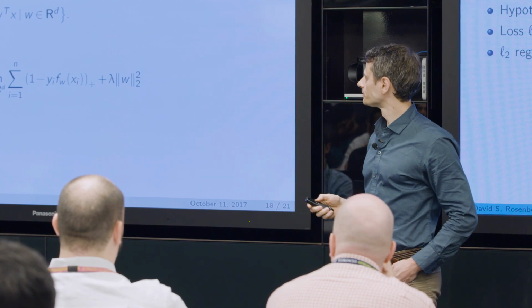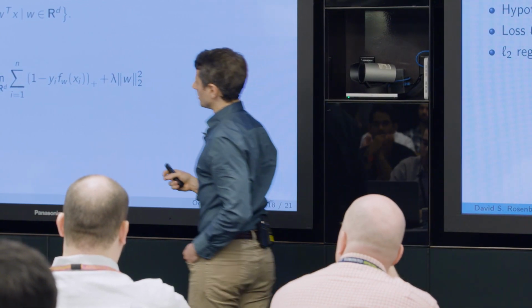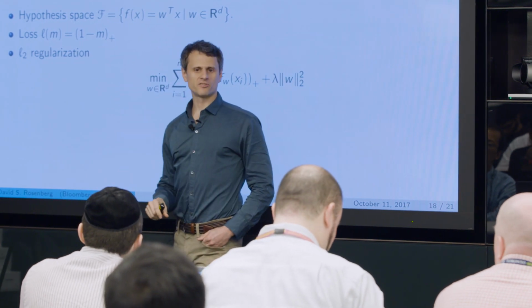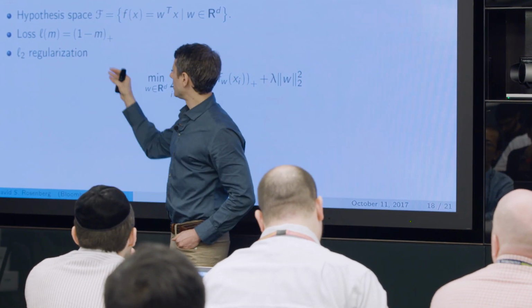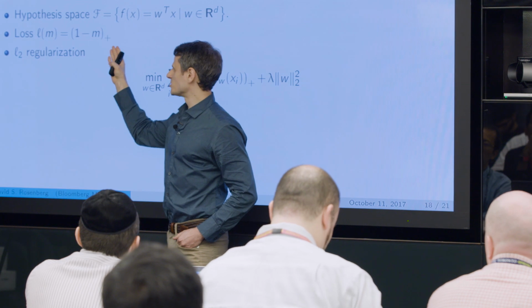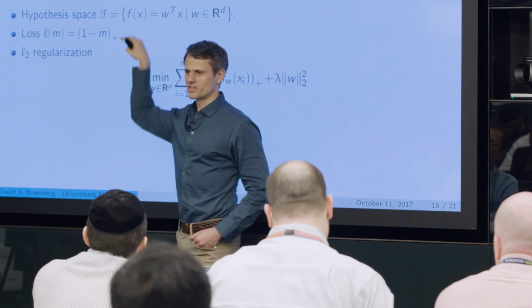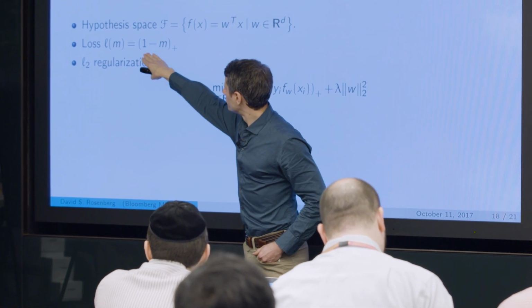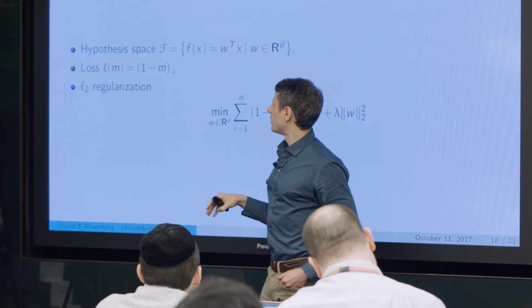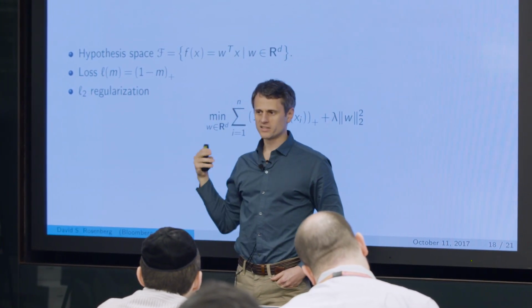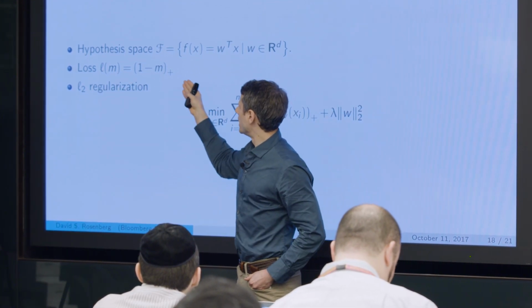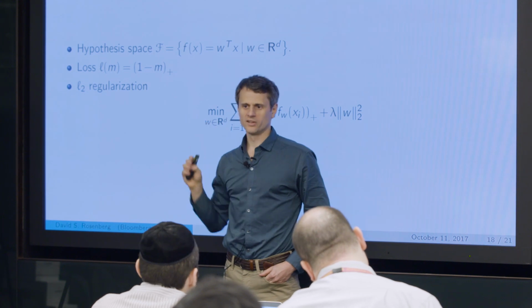Yeah. All right. So let's talk about this terminology. So this is exactly the positive part that we talked about last week, except now, for different conventions, the positive sign is lower instead of upper. But this expression is 1 minus m if 1 minus m is greater than or equal to 0, and it's 0 otherwise.